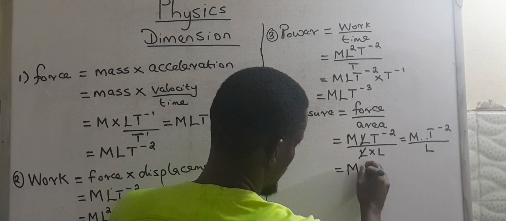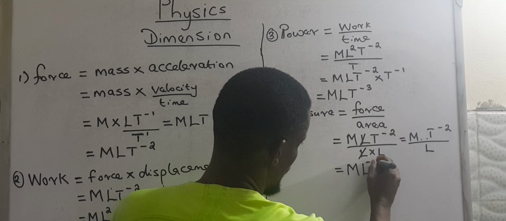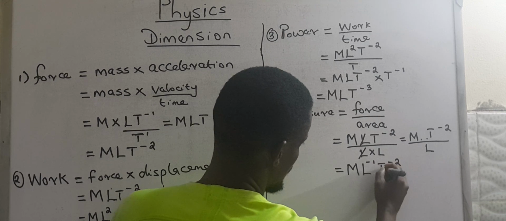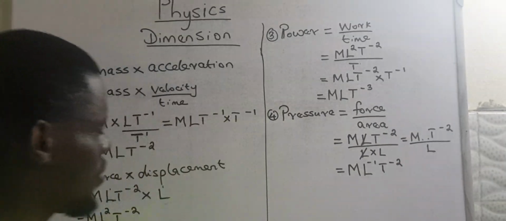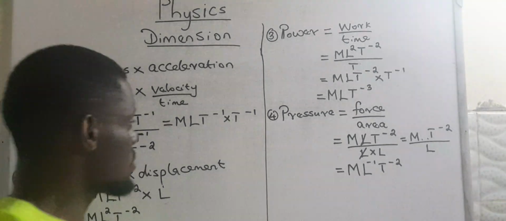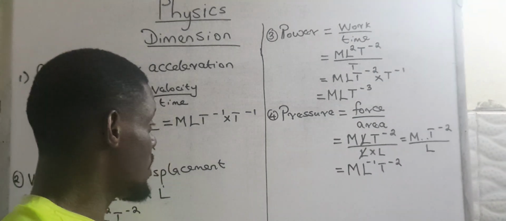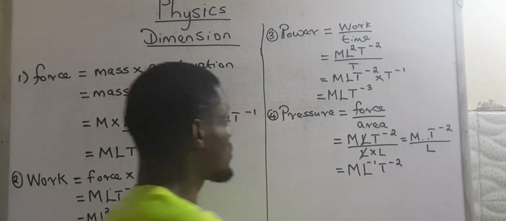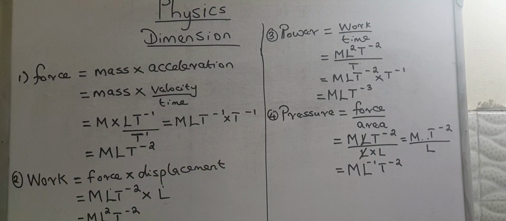I have ML⁻¹T⁻². Again, go back and look at the derived units of pressure. From there you can obtain the dimension of pressure.